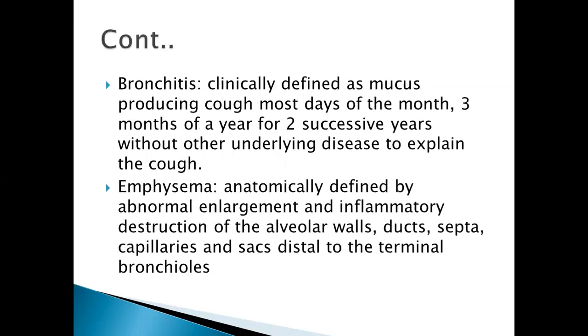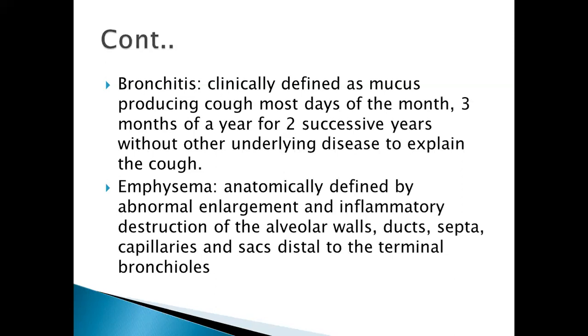So bronchitis is actually a clinical entity. That is to say that the diagnosis is basically clinical. And what this means for you to say that somebody has chronic bronchitis, it has to be defined in time and space, such that this person should have a mucus-producing cough, which occurs most of the days for at least 3 consecutive months for at least 2 successive years, without other underlying disease to explain the cough.